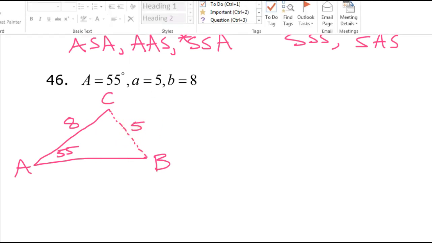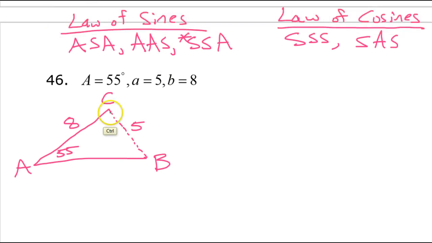Sometimes the rope is too short to reach the ground. So what you want to do is figure out how high off the ground this point is. What is the height of the triangle? And we have to make sure that the rope is long enough to reach.